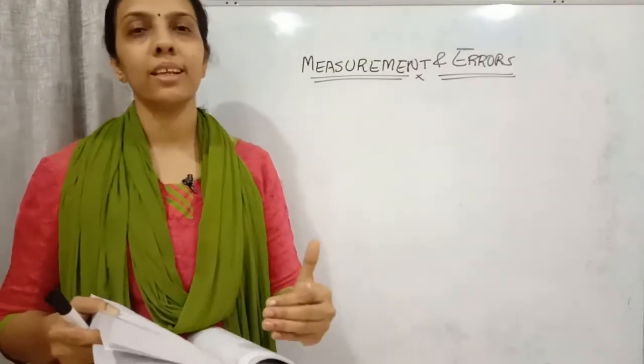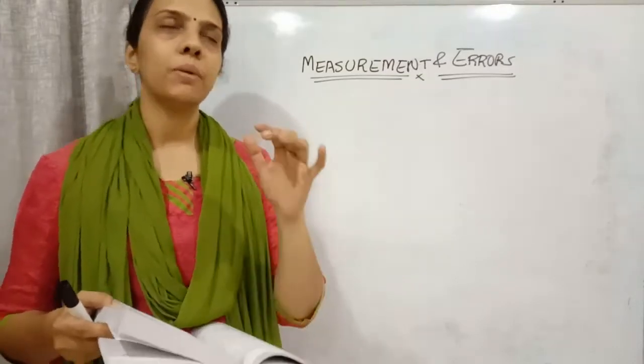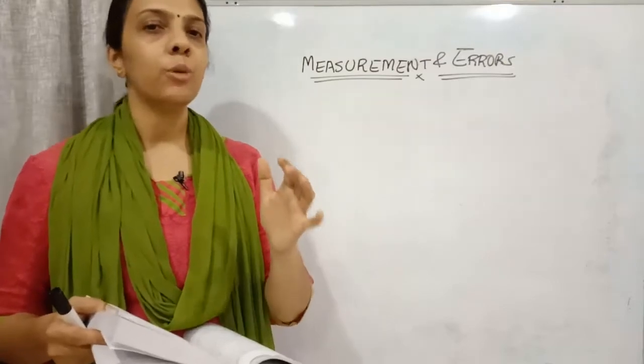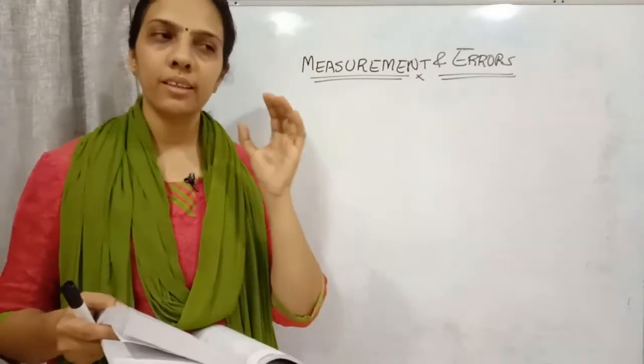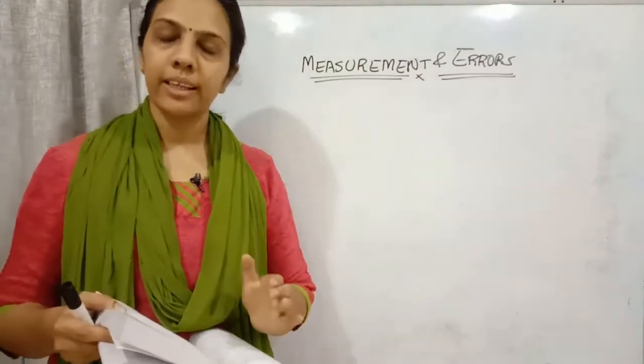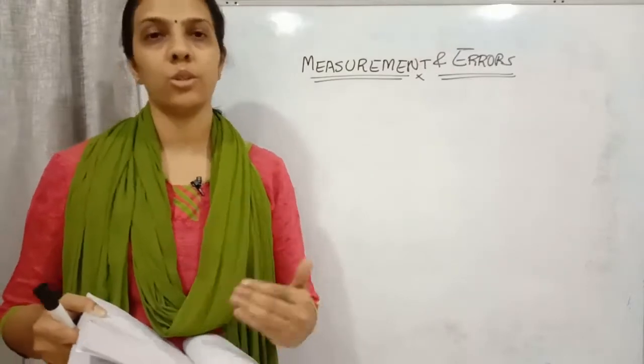Only then will this video be useful for you. If you simply hear the video, it won't make any difference. So write down the question and the data and try to solve. After that you can check whether your answer is correct or not.